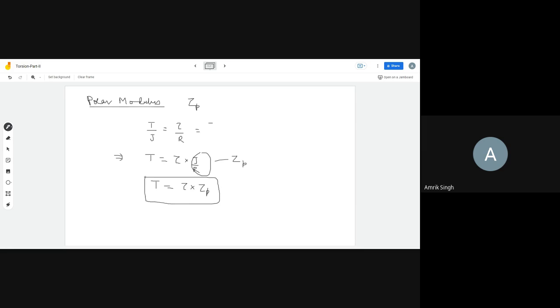In the case of bending, it was moment of resistance M is equal to bending stress into the section modulus. So here it is known as the polar modulus, and there it was the section modulus. This is in bending, and this is in torsion. Here it is a bending stress, here it is a shear stress, and here it is a polar modulus and there a section modulus.